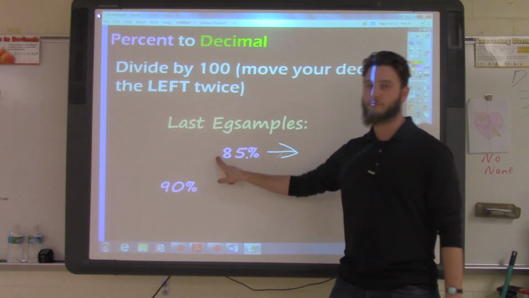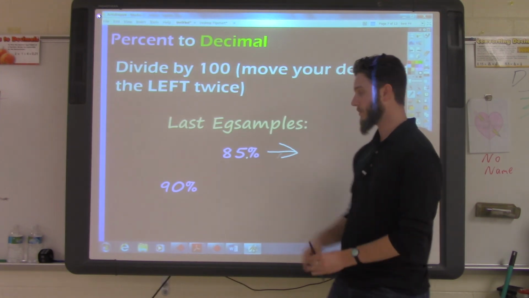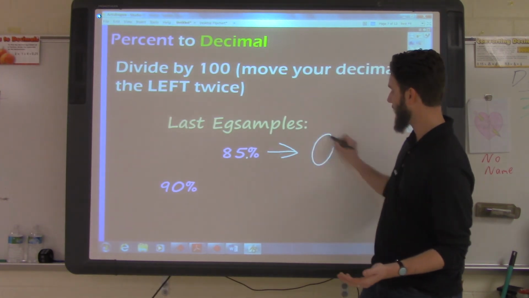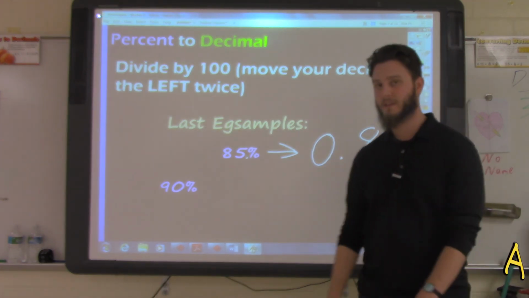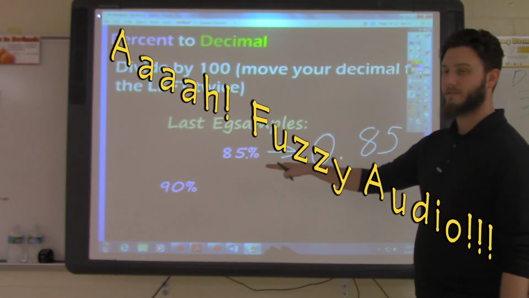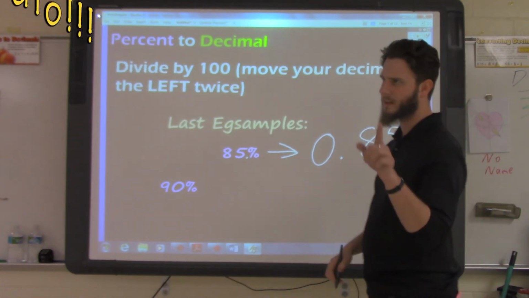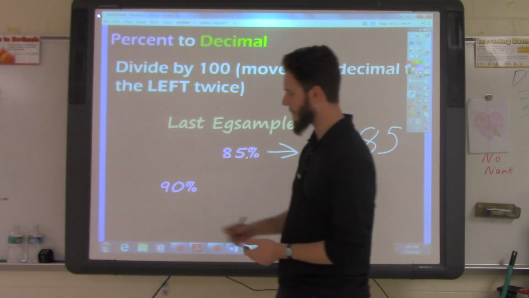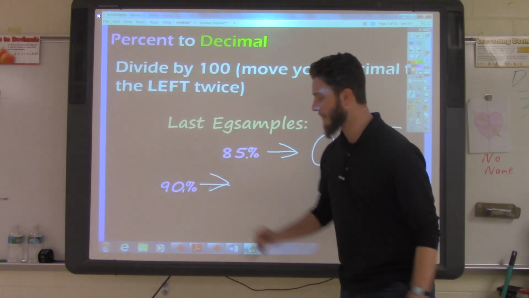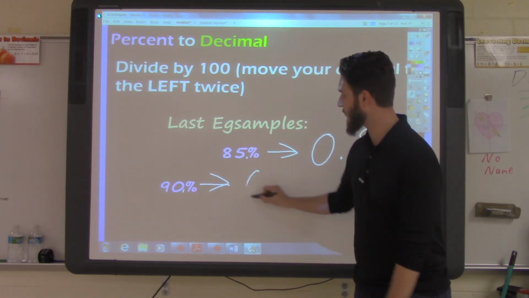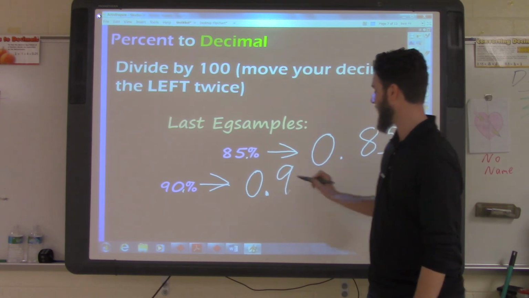That's going to land it right here in front of that 8, which, in decimal form, gives me 0 and 85 hundredths. If we use our example of 90%, again, envision that decimal at the end of the number, and then you can move that decimal over by 2 spaces to give you 0.9.